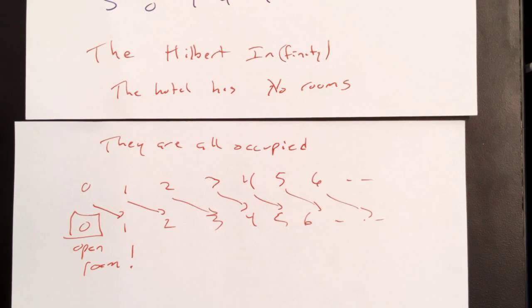Well, I can't just say the person in room 0 go infinitely far down, they never get to a room, right? I still need to put people in rooms. How do I make infinitely many rooms open up? Then nobody ever actually gets into a room, right? They keep shifting and shifting, and I never get stopped.